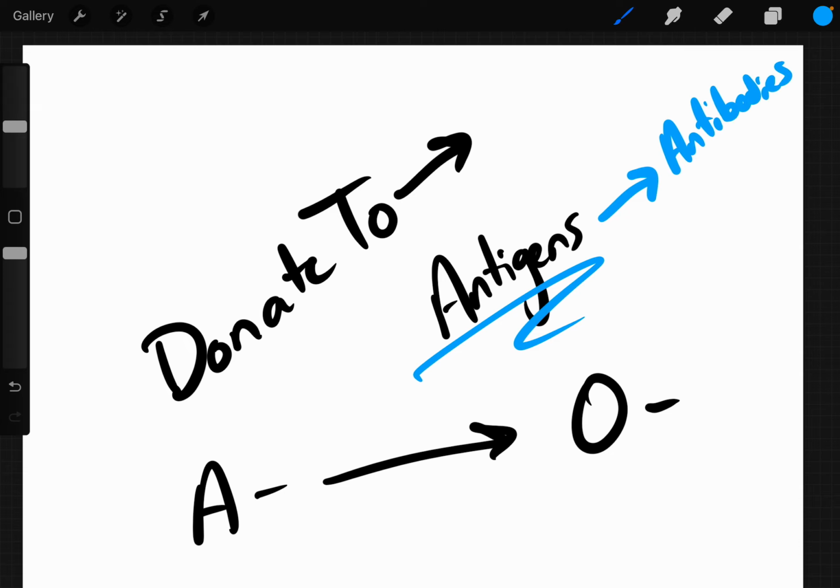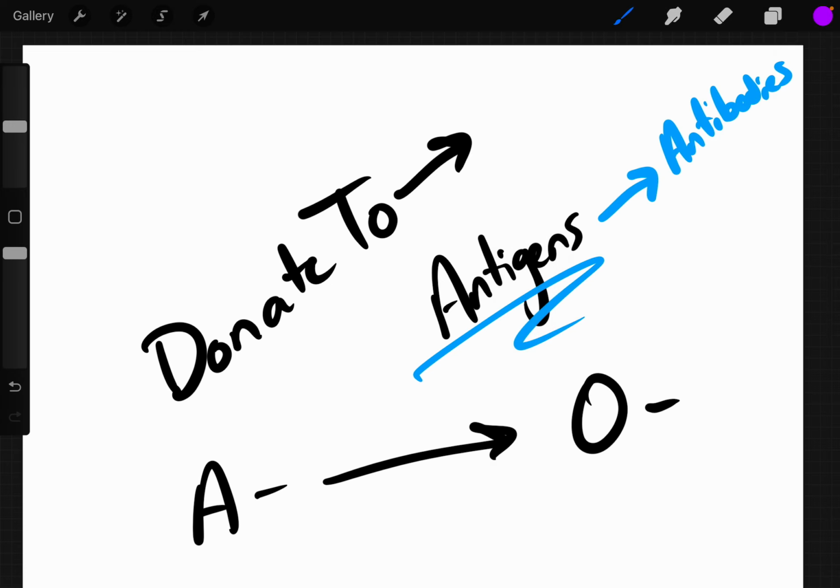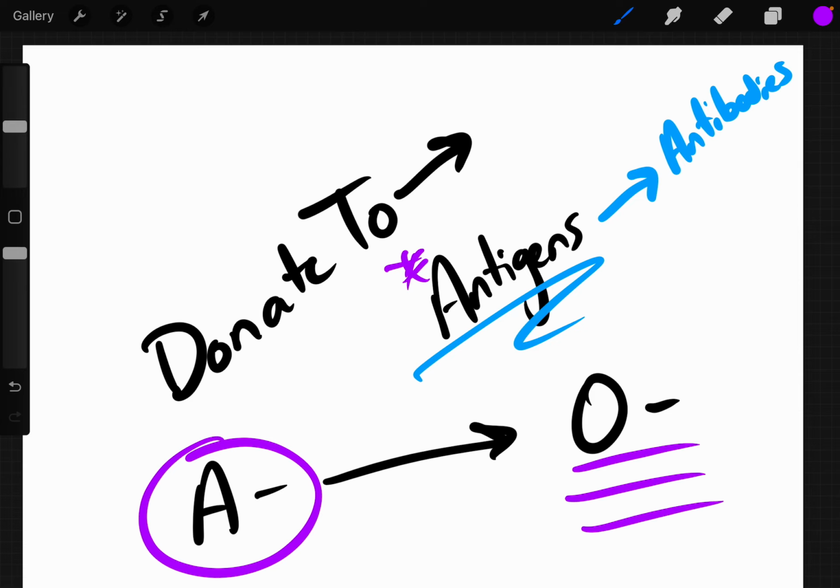In this example, if we're talking about donating from A negative to O negative, we're going to look at the antigens for A negative, and we're going to see, are there any antibodies for O negative that would kick that out?